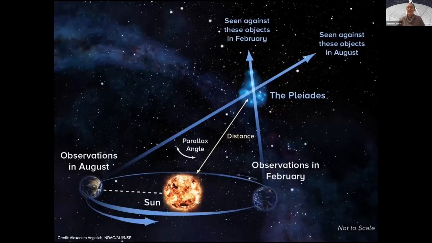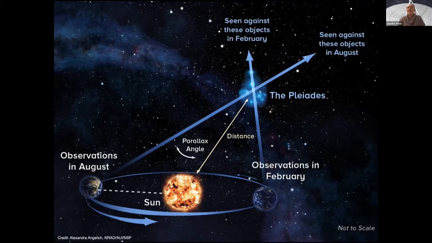By measuring its position at different times of the year, as the Earth goes around the sun in its orbit, the stars that are nearby will appear to move with respect to the stars that are much farther away. This is a phenomenon called parallax. You might be familiar with it. You can see this if you hold your finger up in front of your face and close one eye and then close the other eye. Your finger is going to appear to move against whatever you're seeing in the background.